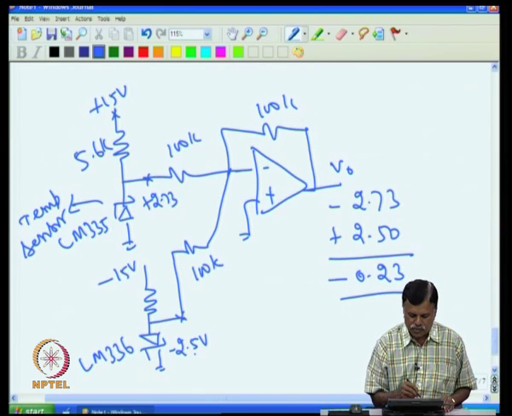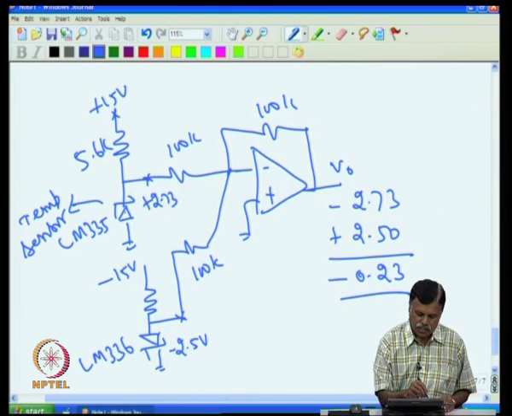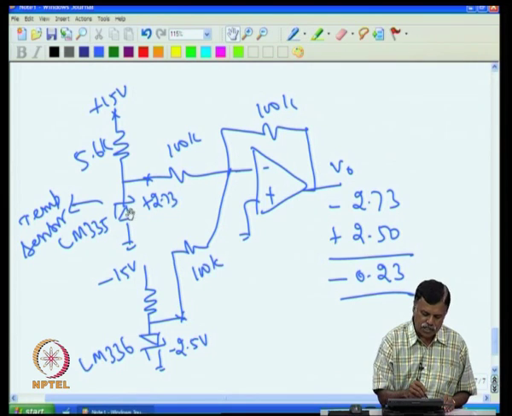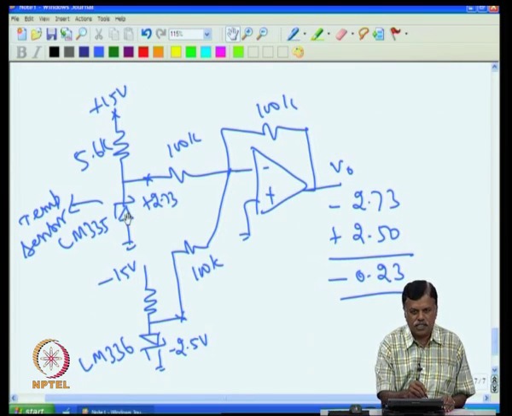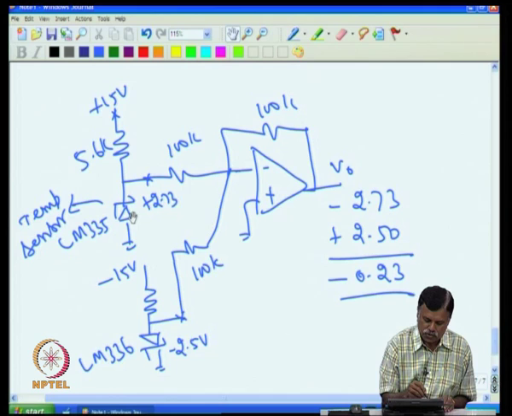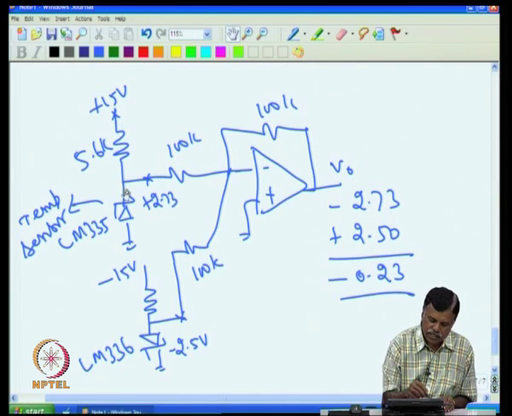Now, there is one way of solving this issue. My aim is to make the output 0 when the sensor is kept at 0 degree C. Now, one thing I can do, since it is only 2.73 volt, is that I need not keep 100 K. For example, this minus 2.5 volt should produce here plus 2.73 volt to cancel out this 2.73 volt given by this.